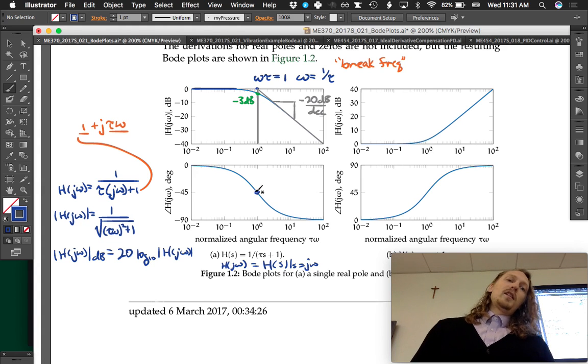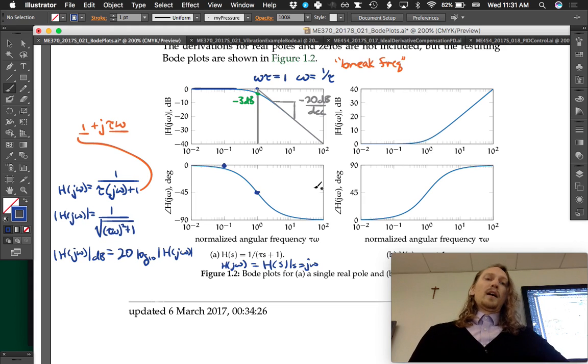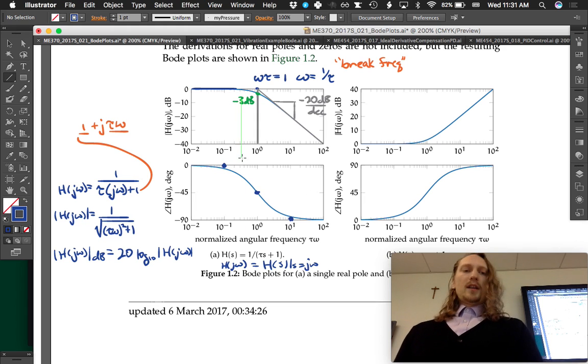Then we go back 1 decade, so 10 to the minus 1, and draw another dot on the 0 degree line, and then we go up 1 decade and draw a dot on the negative 90 degree line, and we draw a straight line between them.